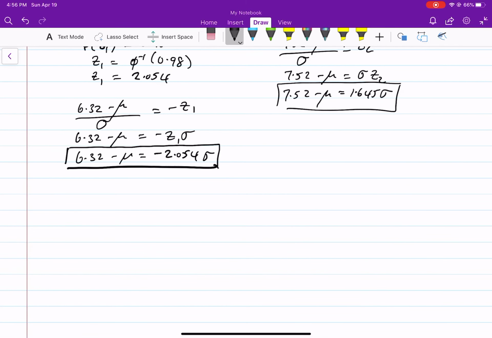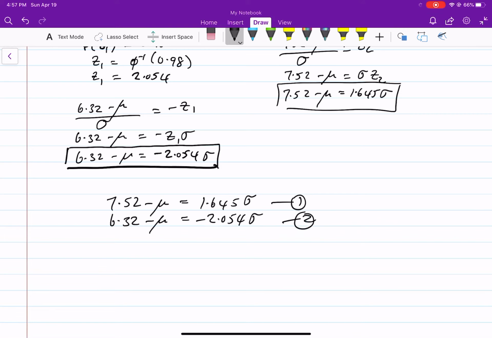Yeah, let's go. 7.52 minus mu is equal to 1.645 sigma, and the first one is 6.32 minus mu is equal to minus 2.054 sigma.